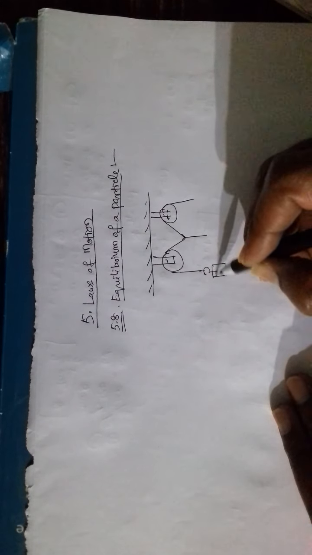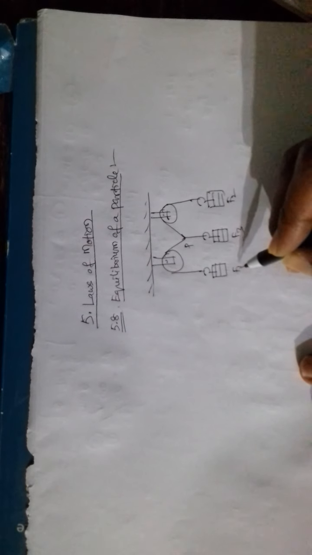Two frictionless pulleys are there. Over the pulleys, string is taken, the two strings tied here and another string tied to this. Here at the end of the three strings, slotted weights are attached. The weights are so adjusted that the point P is under equilibrium.